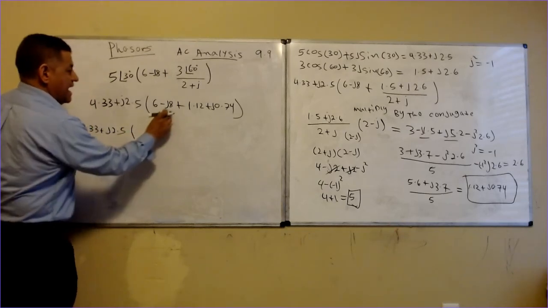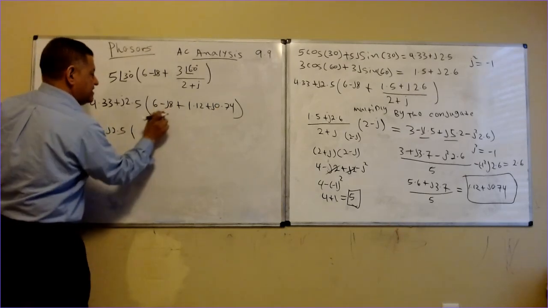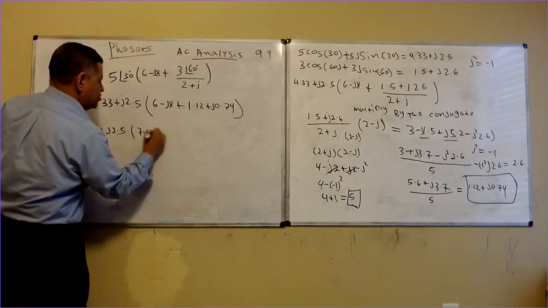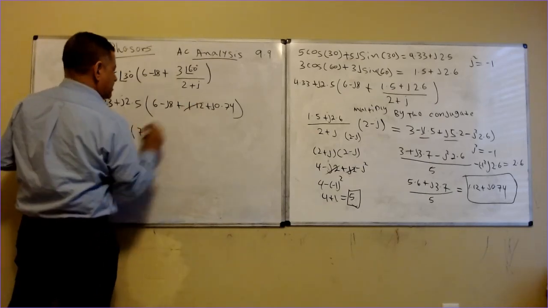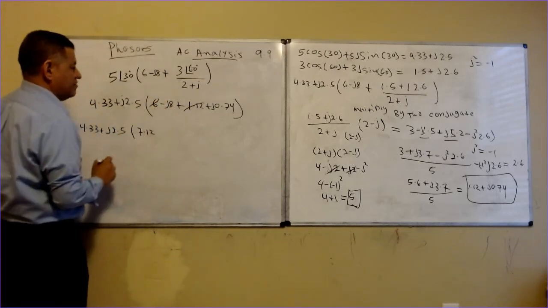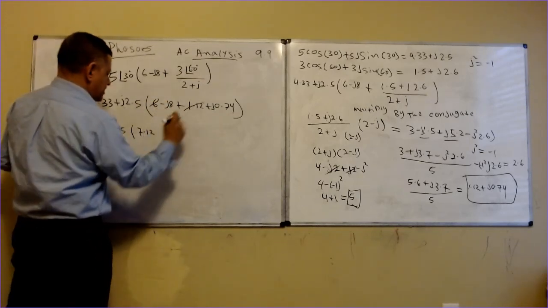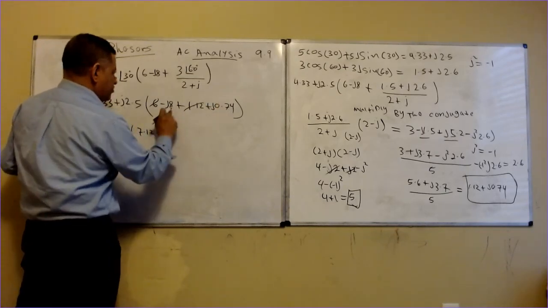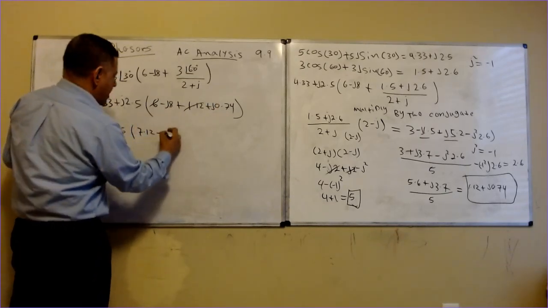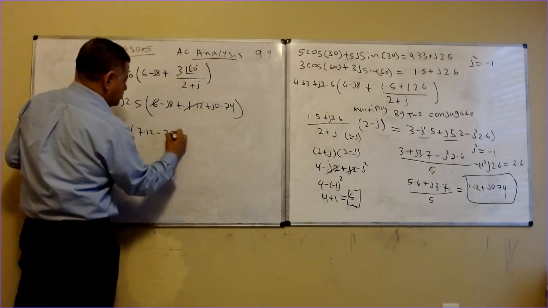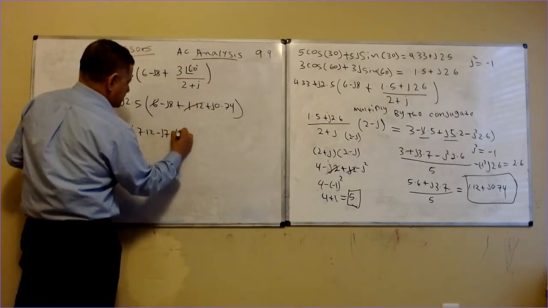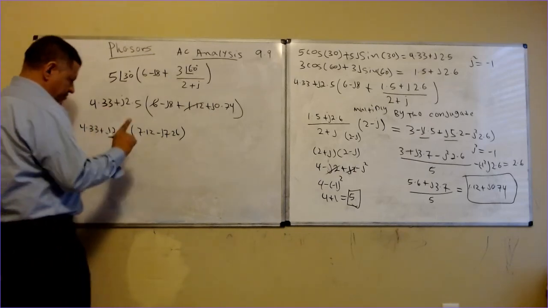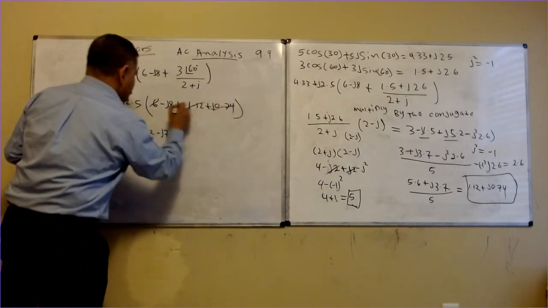Then I have it right here, I got 7.12, this one and this one. And then I have to do this and this, which is minus. If I add those two, it's going to be minus 7.26J. Those are done now.